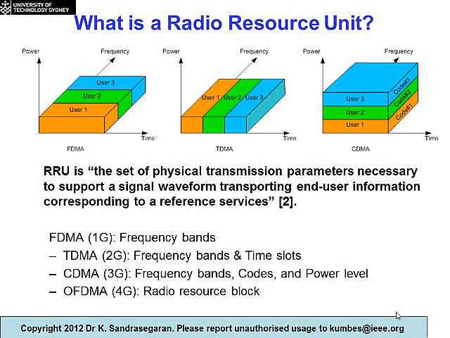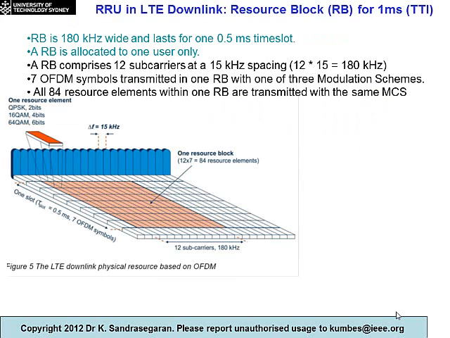In a fourth generation mobile communication system, the resource that you allocate to a user is called a resource block, and we talked about this in most of the previous lectures. We already know what a resource block is, so just as a revision, I'll explain what it is.